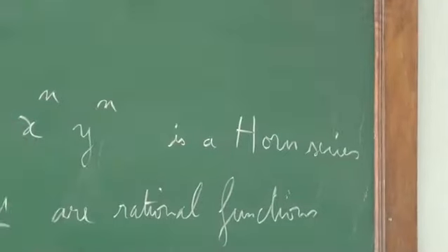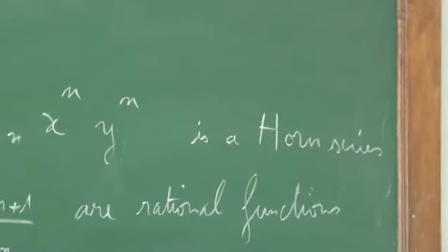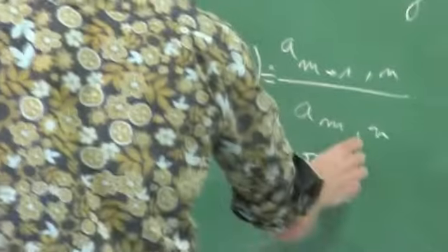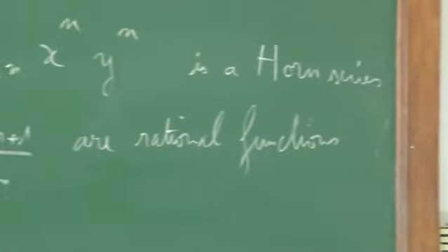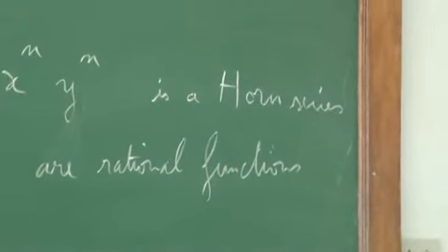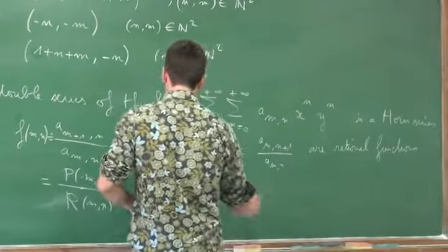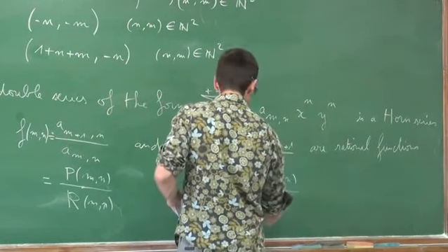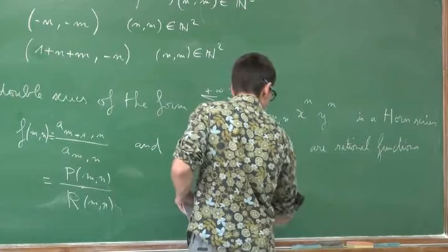This means that you can rewrite them as a polynomial p(m,n) divided by r(m,n), and this q(m,n) divided by s(m,n).